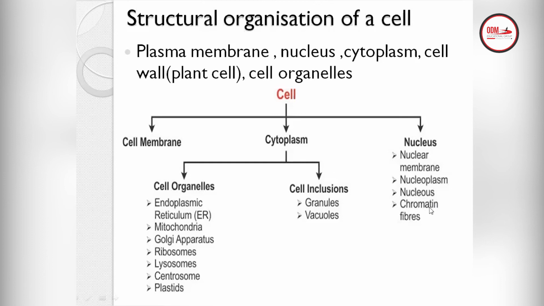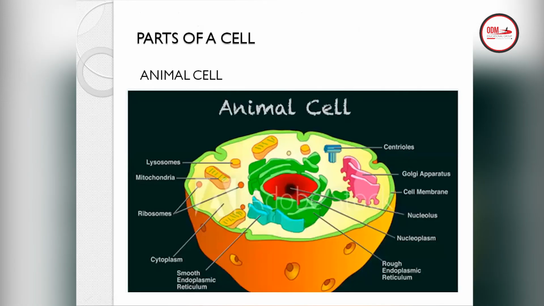This is hereditary material which is carried on from generation to generation to maintain the species of the organism. Now, let us come to an animal cell. You can see here, the animal cell consists of an outer cell membrane, and the cell membrane is very flexible in nature, as it is made up of phospholipids.